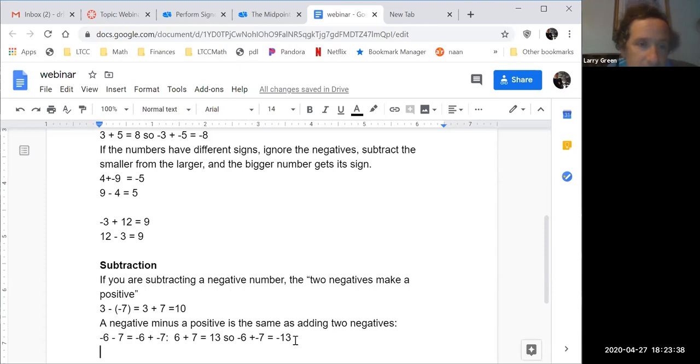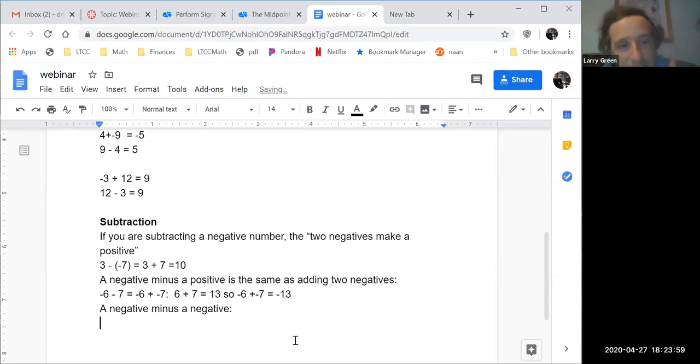Not too bad, hopefully. Okay, well, I showed you how to take a positive minus a negative. I showed you how to take a negative minus a positive. Now, what about a negative minus a negative? And the idea is we already know how to do it.